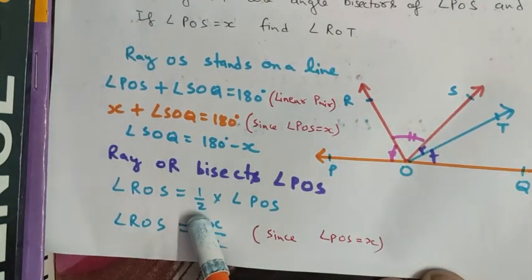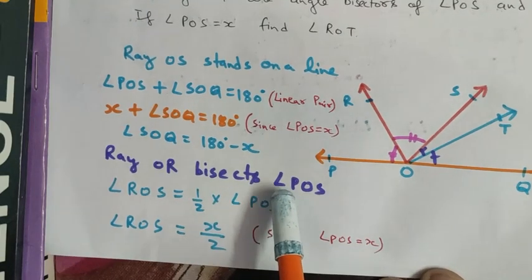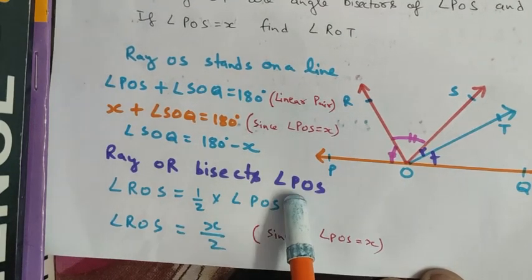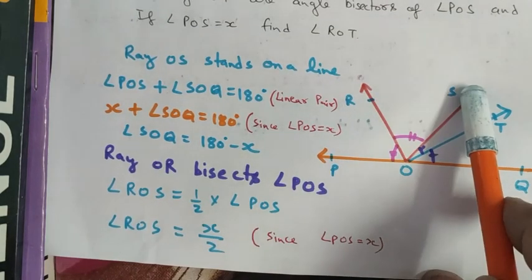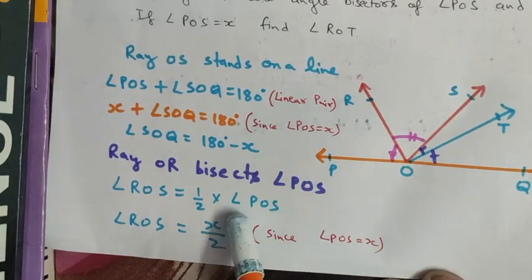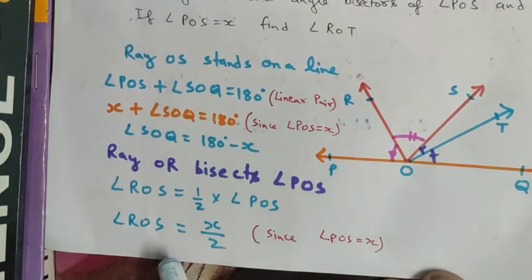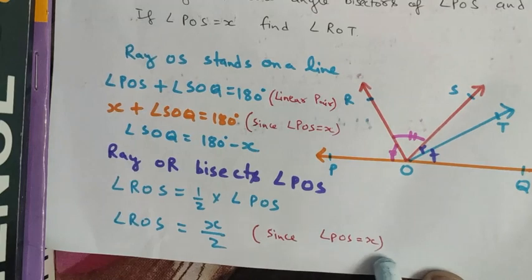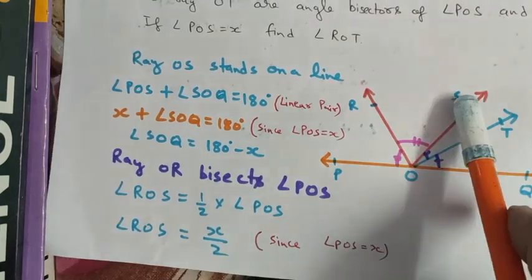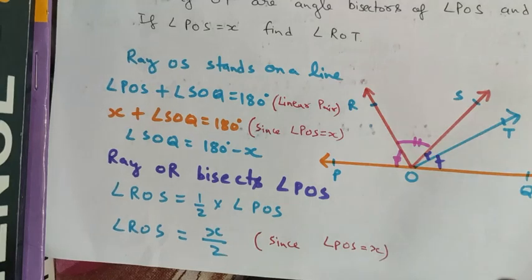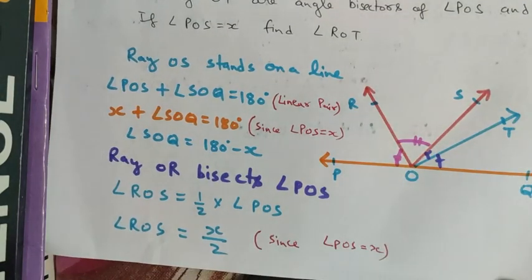So this is what I have written here, that since ray OR bisects angle POS, therefore angle ROS will be half of angle POS. Got it? Since angle POS is equal to x, we can write angle ROS equals x upon 2. So angle ROS will be x by 2.